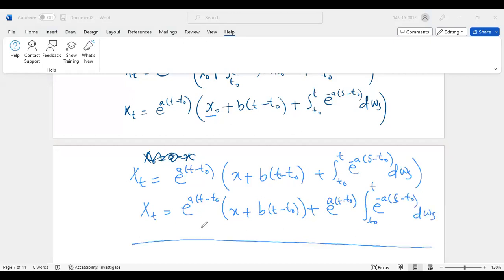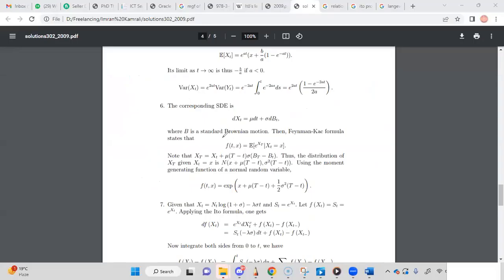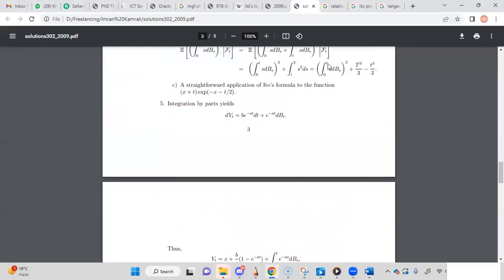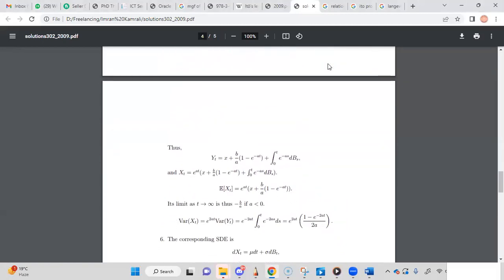Now let's see what was the solution at that time when we were solving it. Let me show you the solution and we will compare it over here. Now let's come to this question 5. You can see the solution was this over here.